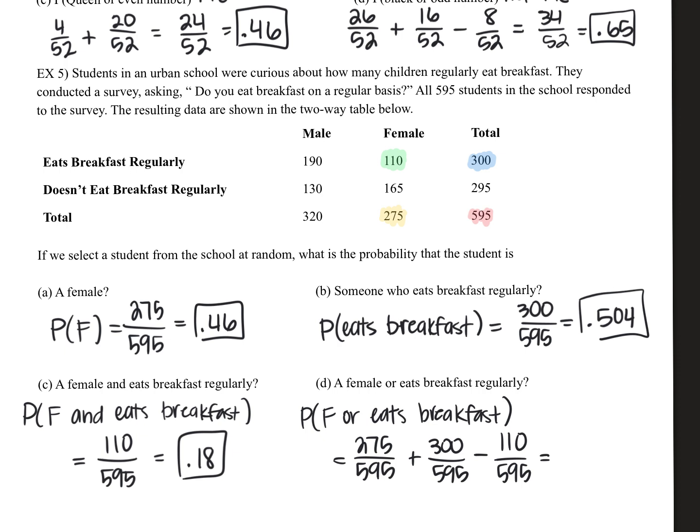It gets it at 575, but there are a lot of cases where when you do that, you get numbers that are over 100%. So 275 plus 300 minus 110 gives us 465 over 595, which is 0.78.